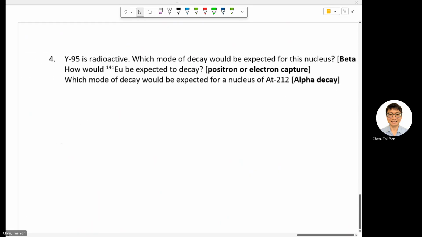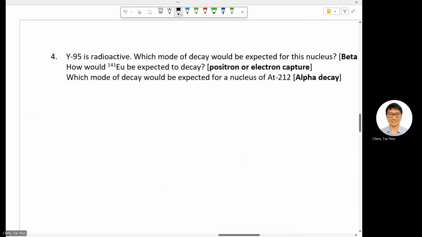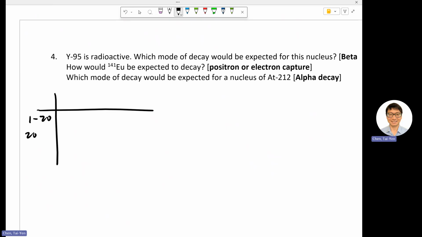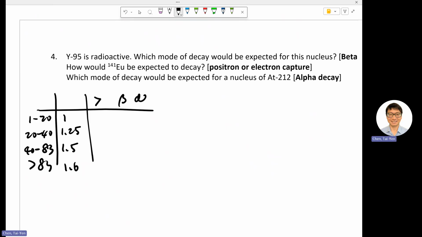Before we go, let's just quickly refresh our memory. We have 4 different groups: 1 to 20, 20 to 40, 40 to 83, and then larger than 83. Threshold-wise is 1, 1.25, 1.5, 1.6, right? If it's larger than your threshold, then you have beta decay.